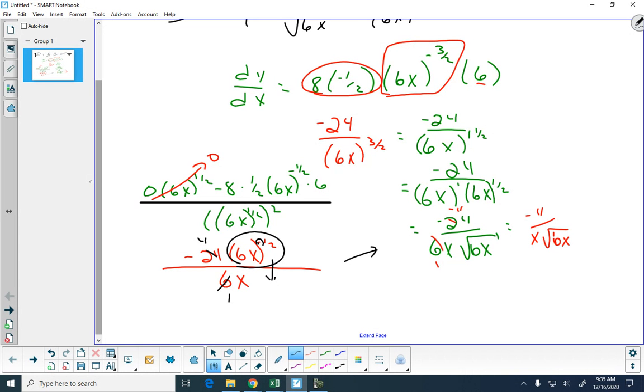If we take a look at problem number 8 on the back. Problem number 8 says calculate the value of the derivative.